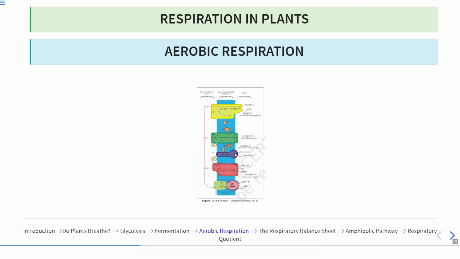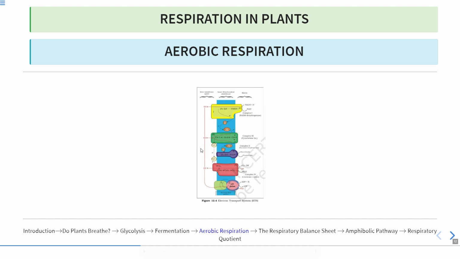So this was the enzyme succinate dehydrogenase, and FADH2 is synthesized in the presence of this particular enzyme. And later the fourth complex. Here you can see the fourth complex, containing copper and cytochrome a: CuA, then cytochrome a, cytochrome a3, then CuB.